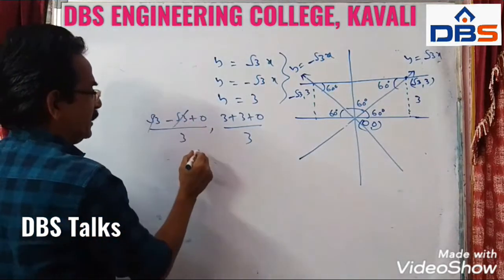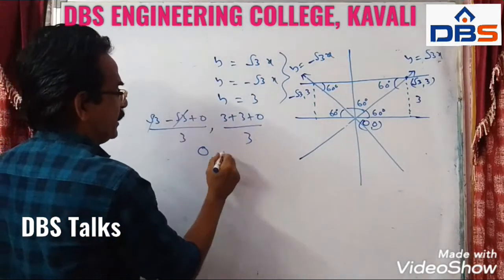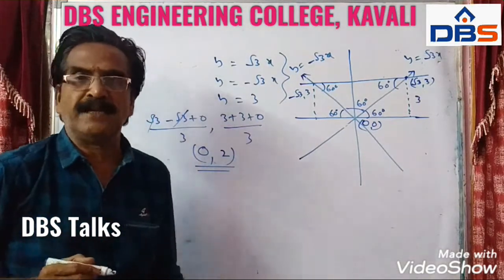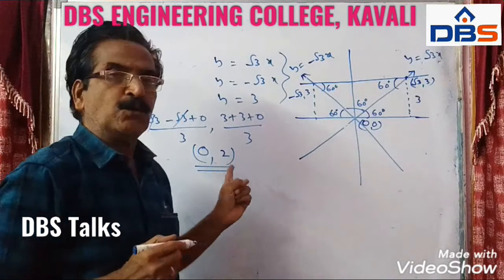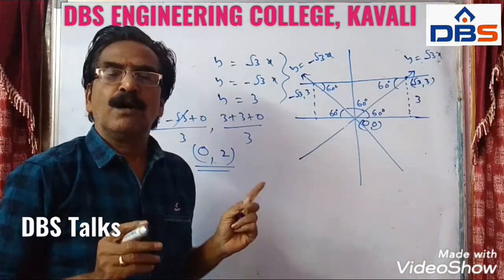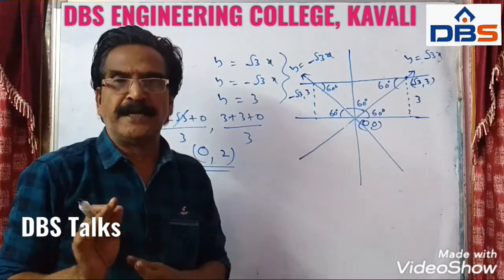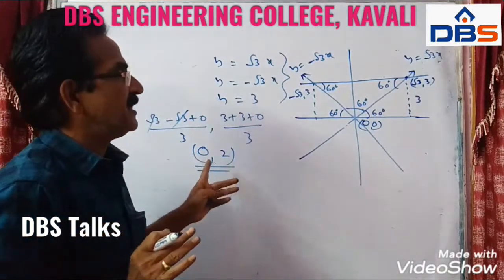This is 0 by 3, which is 0, and 6 by 3, which is 2. (0, 2) are the coordinates of this point, friends. (0, 2) are the coordinates of the incenter point. Okay, friends.